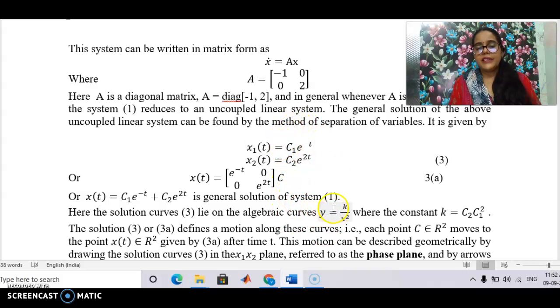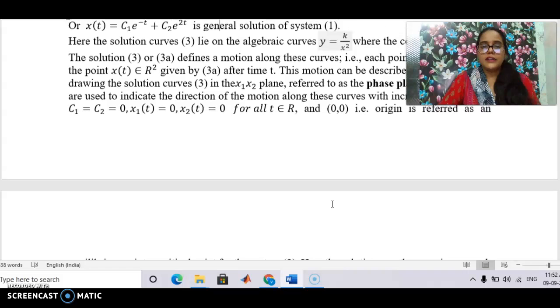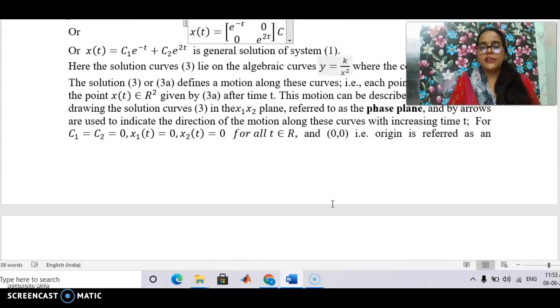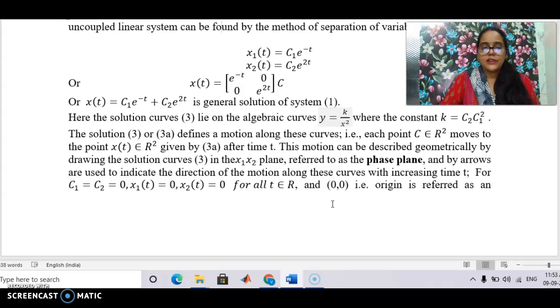When you simplify it, you get the algebraic equation y equals to k upon x square, where the constant k is nothing, c2 c1 square. The solution 3 or 3a defines a motion along these curves, that is each point C. This algebraic equation gives the phase portrait for the given curve and defines the motion along these curves at each point C belongs to R square after the time t.